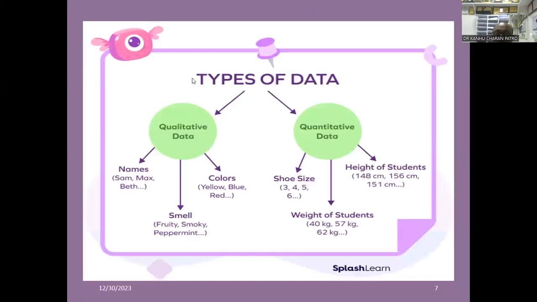So if you see the types of data, qualitative data and quantitative data. Qualitative data is names, colors, smell. But quantitative data is, what is the shoe size, what is the weight of the students, the height of the students, these are called quantitative data.